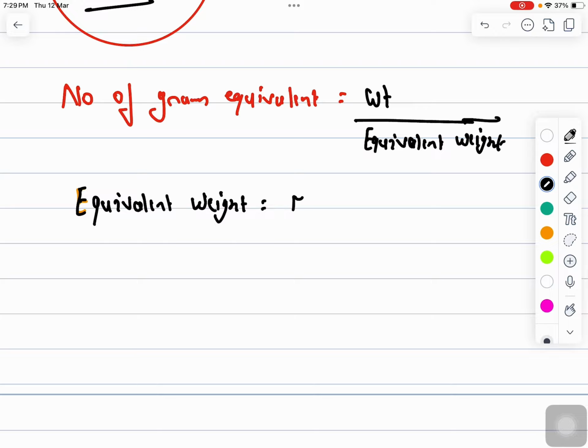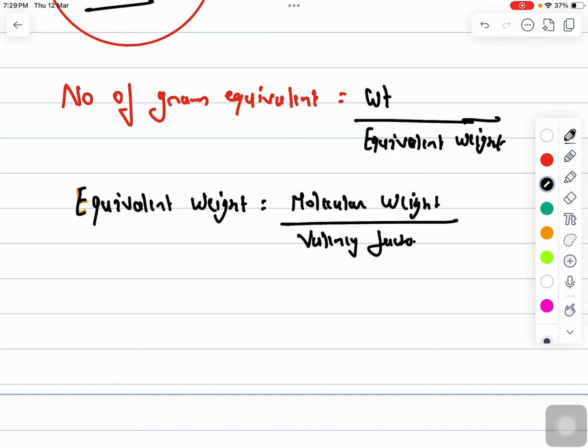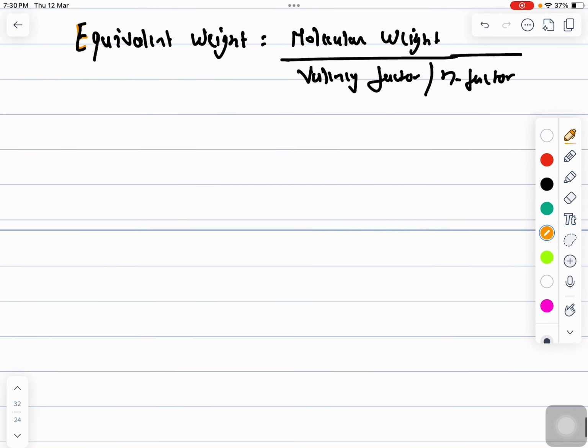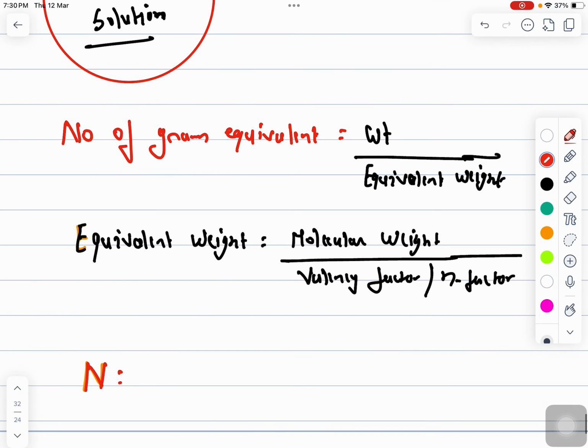That is equal to molecular weight divided by valency factor or n factor, right? So let's try to understand the normality. So now I can define N, that is equal to the number of gram equivalents of solute.